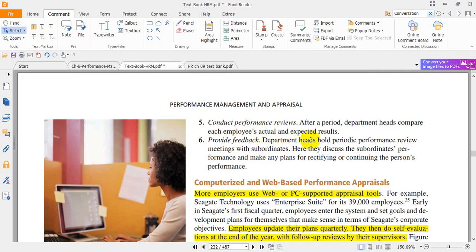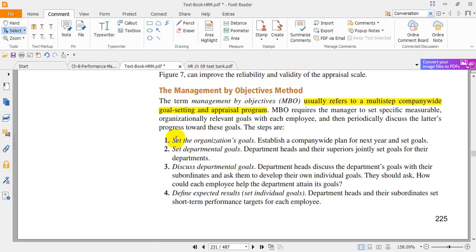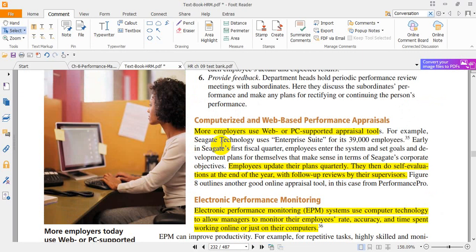This is the last step, to provide feedback to subordinates and make any plans for continuing the person's performance. These are the steps of MBO, management by objective, and management by objective can be considered as a method of performance appraisal.